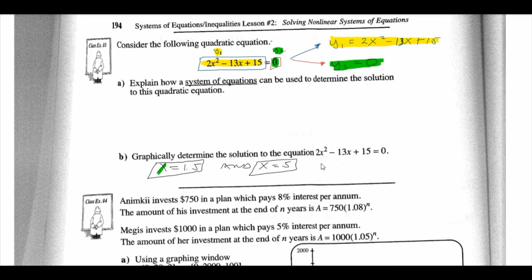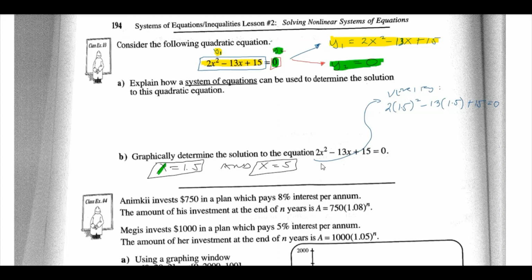So again, if you're going to verify your solution, what you're going to do is just replace. So 2 times 1.5 squared minus 13 times 1.5, and then plus 15 should be equivalent to 0. If you have this type of equation that involves an exponent, remember to do that first before you multiply by 2.